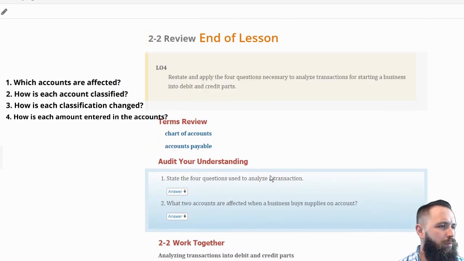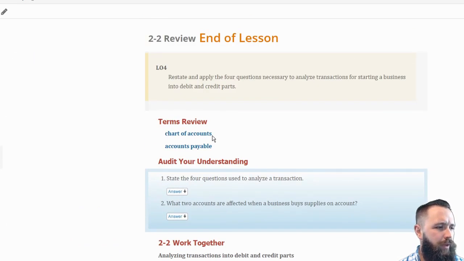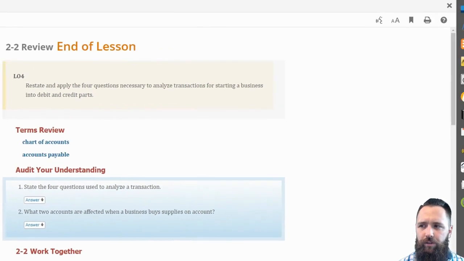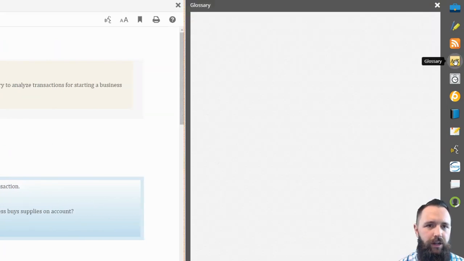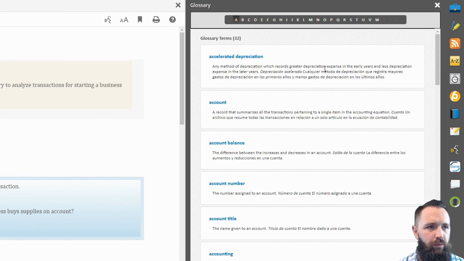The one other thing that we have here is the chart of accounts. As some of you have seen in the glossary, it was covered in the very beginning of this chapter. I think we just missed the vocab word. But here's the glossary, and this is going to really help you out.